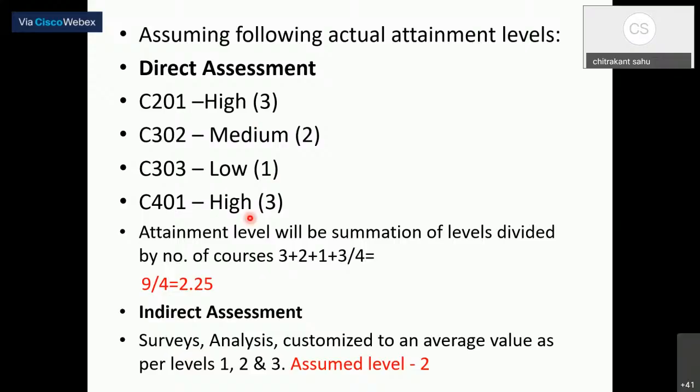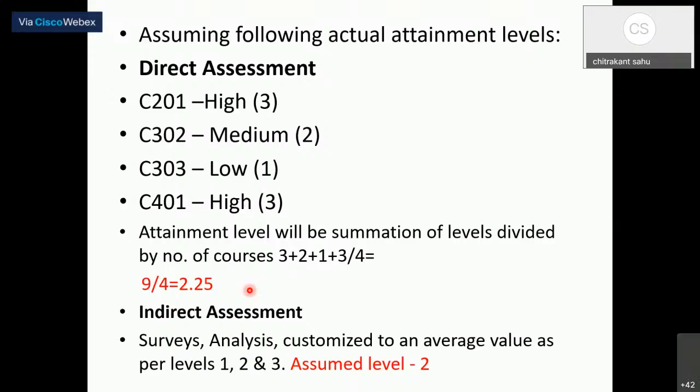For a1, that is knowledge, how much achievement of engineering knowledge from the 4-year program can be computed like this: 9 divided by 4 is 2.25. So 2.25 is the attainment for a direct process through the teaching learning process.